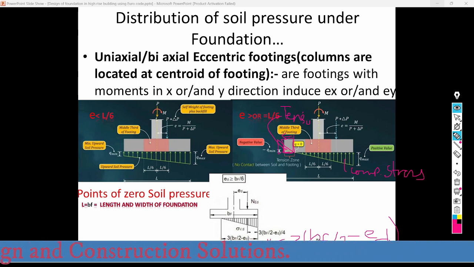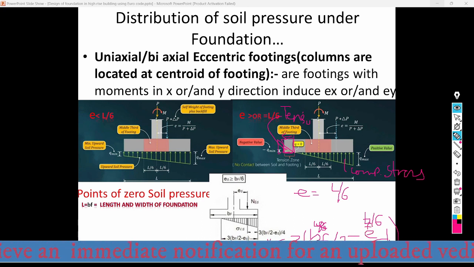So suppose the eccentricity ED equals L over 6, for example. If it is L over 6, you can substitute L over 6 here. You can substitute ED by L over 6, or BF over 6, just to make this and this similar.